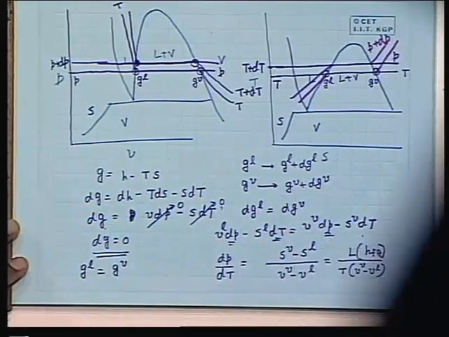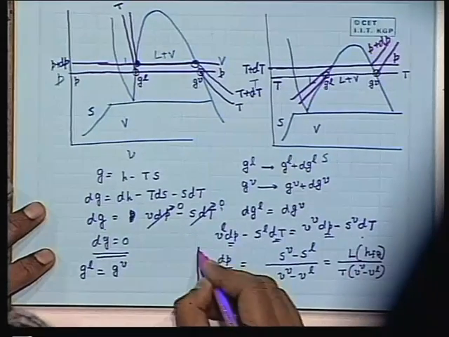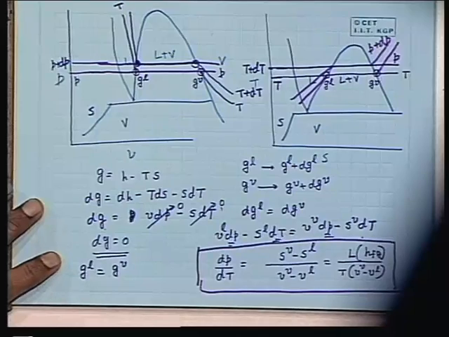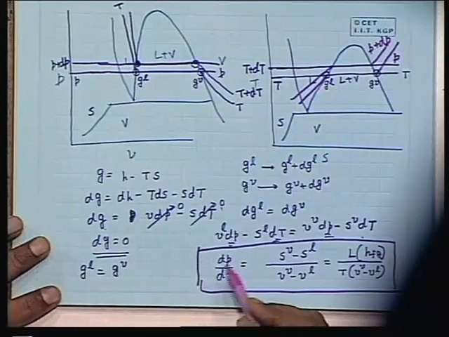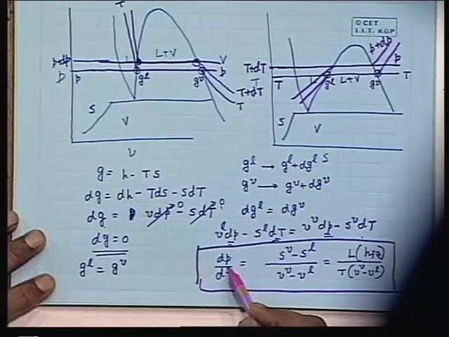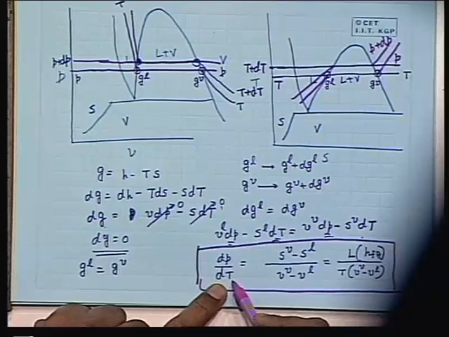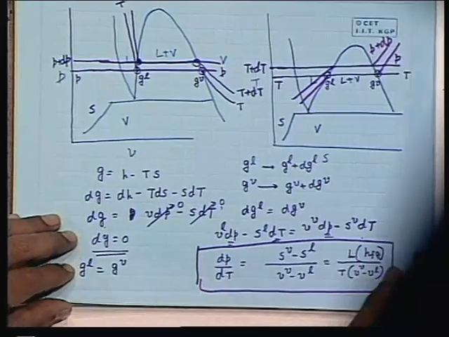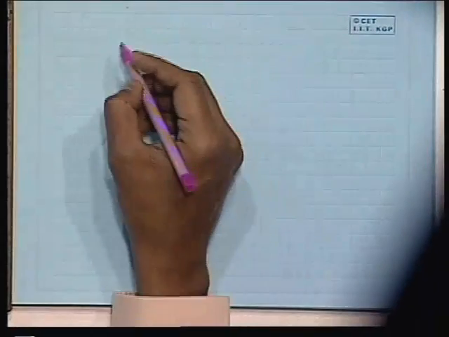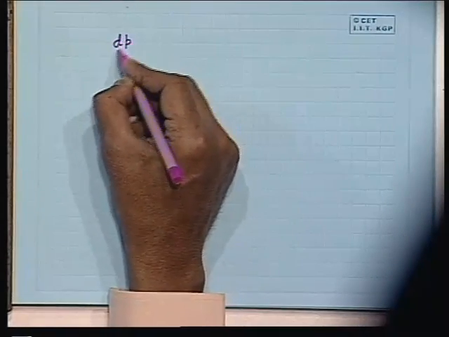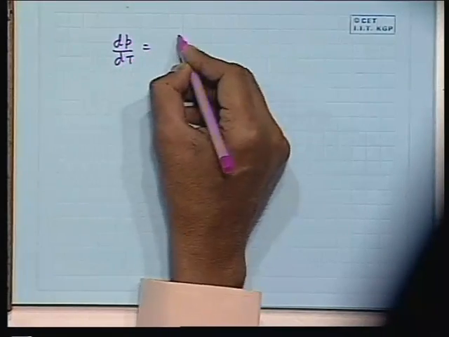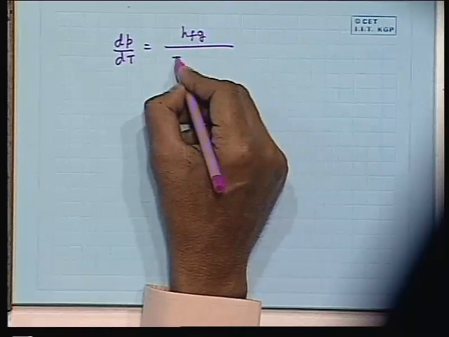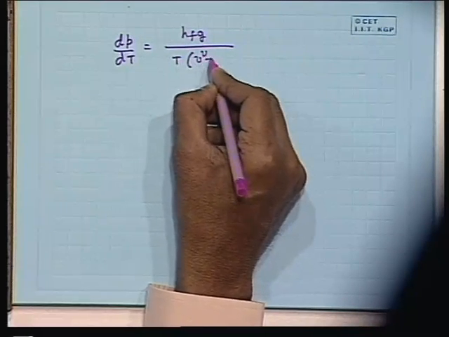This is one of the very important relations, not property relations, I am sorry. dP by dT, that is the change in pressure with respect to temperature, is L by T times VV minus VL. Again I write this expression, therefore what we get is that dP by dT is equal to L or hfg divided by T, that is the change in the specific entropy, divided by the change in specific volume.